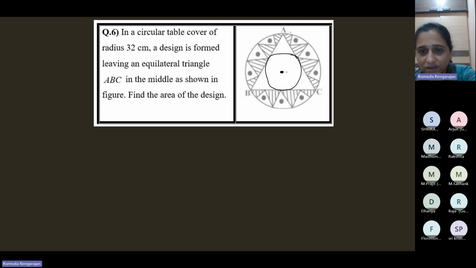The center of that incircle and the center of the circumcircle, which you can see here, are the same. They'll coincide. And further, if you join the incenter to the vertex like this, OB will be the bisector of the angle B. These are properties.